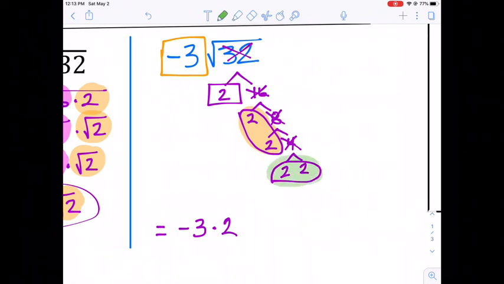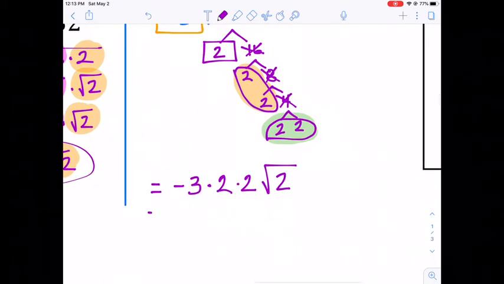That's going to come out as a 2. 2 2's in the radical come out as 1 2 outside of the radical. So I used everything inside the radical, everything that broke down, except for that one lonely 2 that didn't have a partner. He has to stay in the radical.